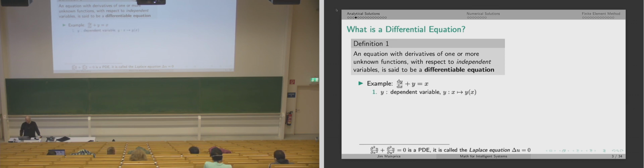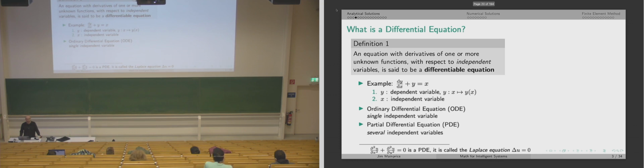So y is the dependent variable, depends on x, and x is the independent variable. If we have a single independent variable, then we talk about an ordinary differential equation, or ODE. And if we have several independent variables, then we talk about partial differential equations.